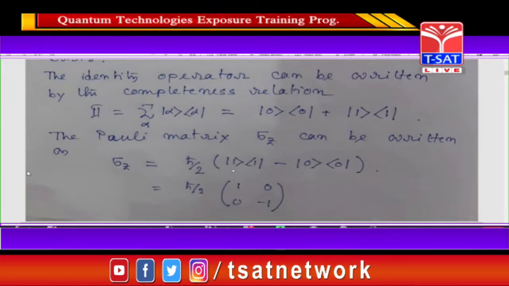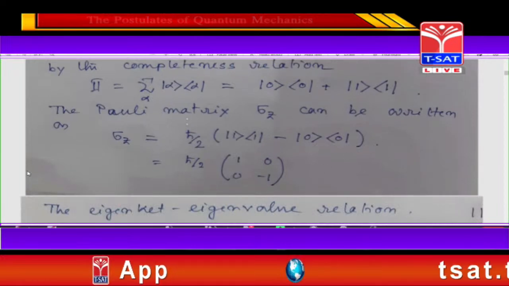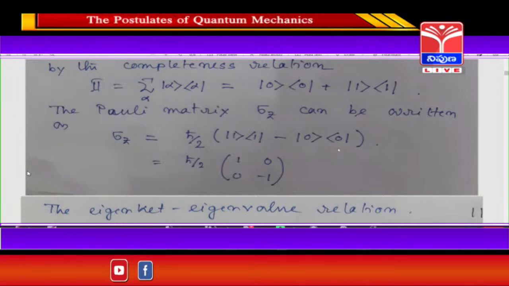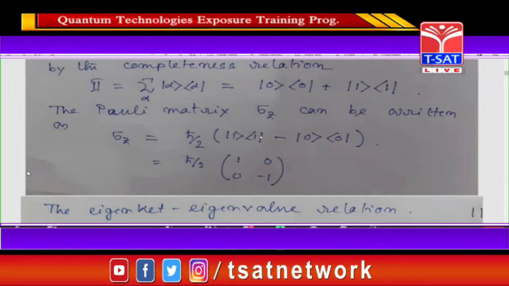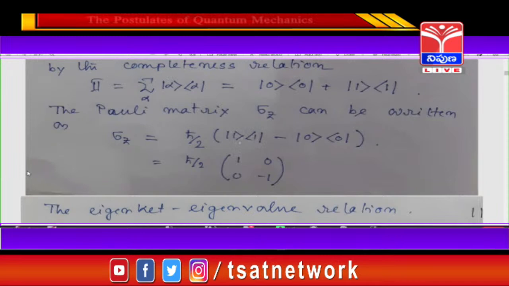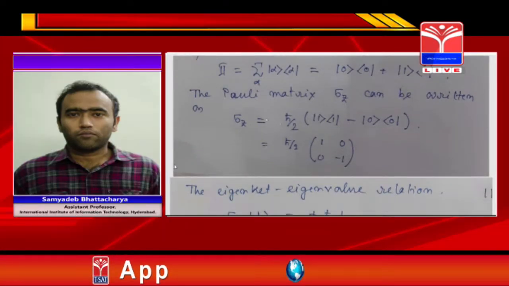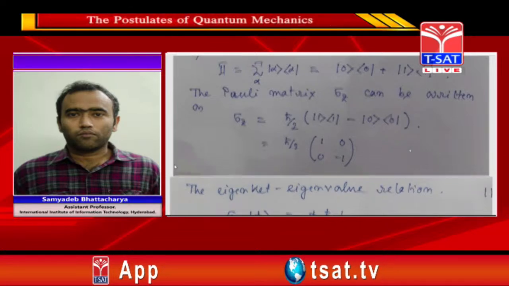So the identity operator is basically the completeness condition, the sum over alpha of |alpha><alpha|, which is |0><0| plus |1><1|, and the Pauli sigma z matrix can be written in terms of these with a factor of h bar by 2. We usually don't consider h bar, only this multiplication. If we take the difference of these outer products, |1><1| minus |0><0|, we get the sigma z Pauli matrix, 1 0 0 minus 1.